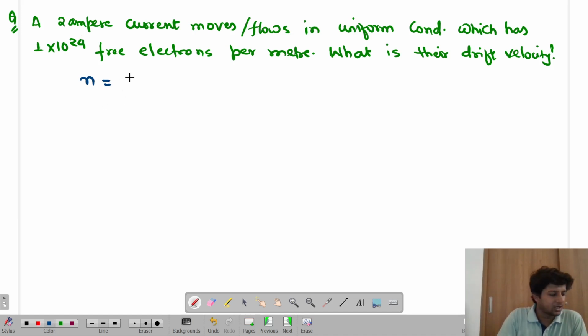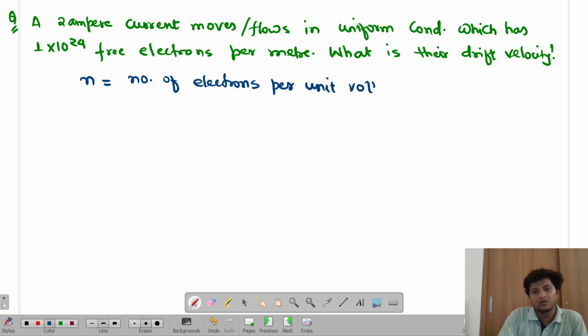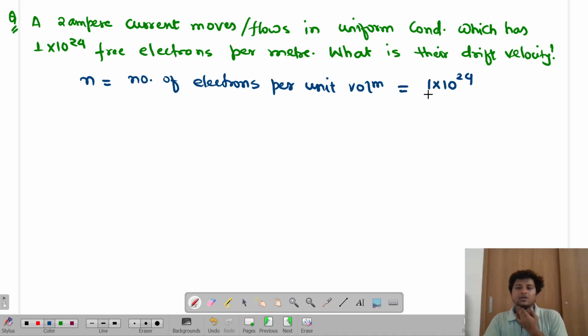But n is the number of electrons per unit volume. No, volume is not given. Here it is saying that I am having 1 into 10 to the power of 24 electrons per unit meter. So volume can be written as area into length L or not.